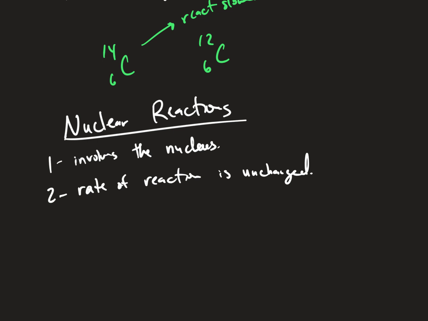And why does it react? Because you have an unstable isotope, a radioisotope, that will decay or react in the nucleus until it becomes stable. Not necessarily that one, but it will become a stable isotope. And it'll continue to decay, continue to react until it's stable. Good?